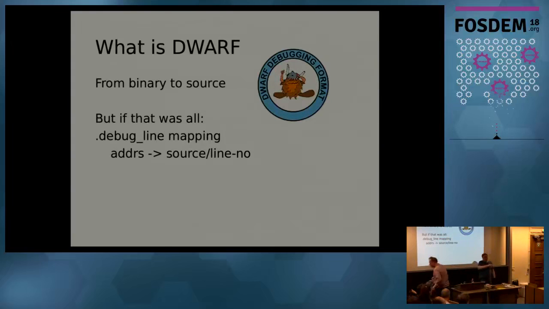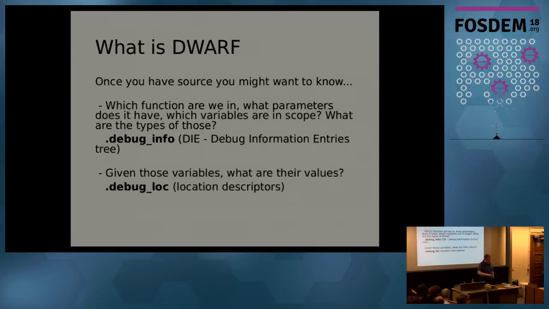You take an address, oh, that's the source line, but DWARF does so much more. You want to know which functions there are, what parameters there are in the function, are there variables, what is the scope of the variables, what are the types of the various things.